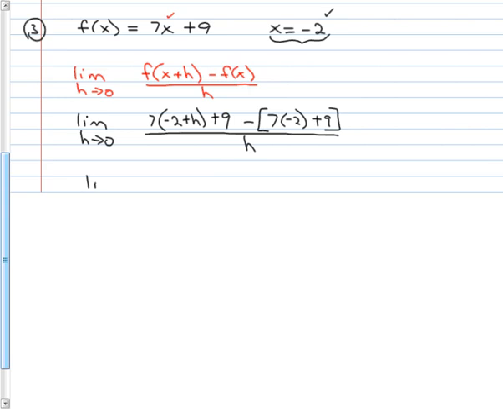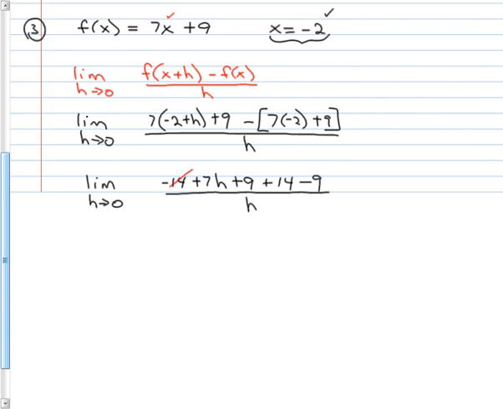So let's do some simplifying now. The limit, as h approaches 0, that would be negative 14 plus 7h plus 9. Now I distribute a negative, negative 14, it'd be plus 14 minus 9, all over h.